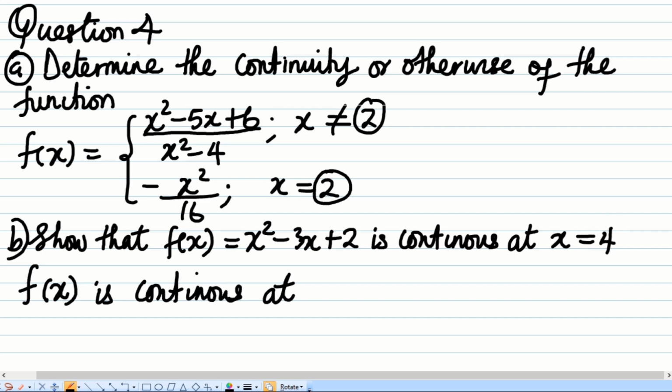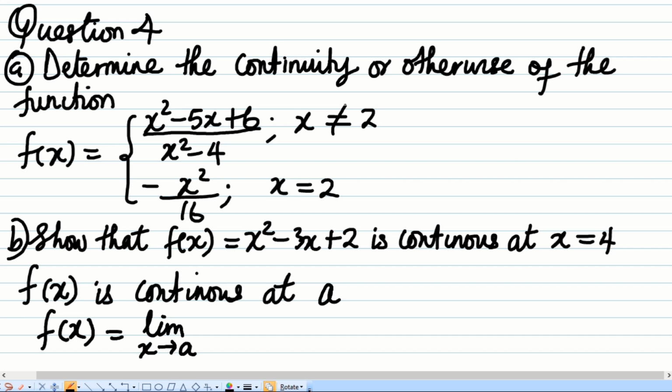So there must be a point where you're going to test your continuity. So let me say that at a point a, if and only if f of a is equal to the limit as x approaches a of f of x. So this is the condition.